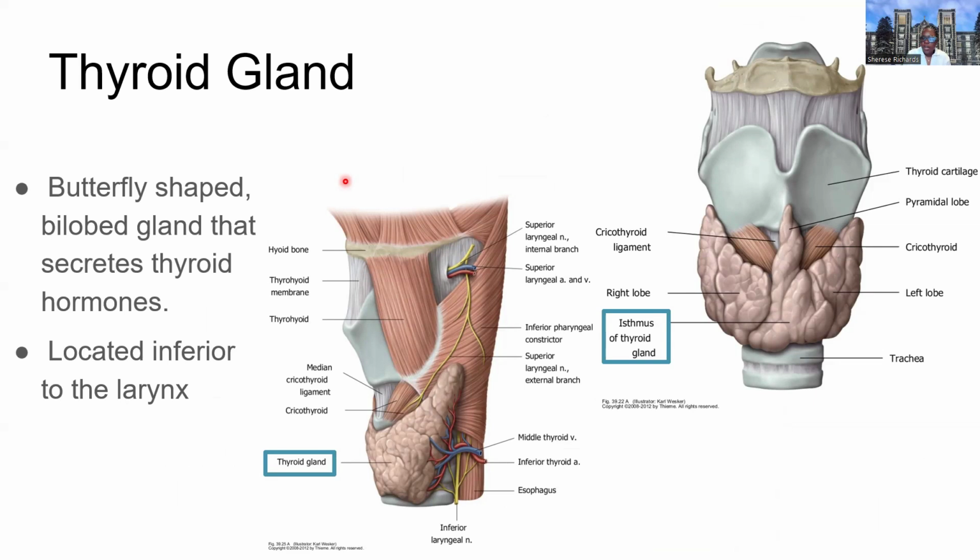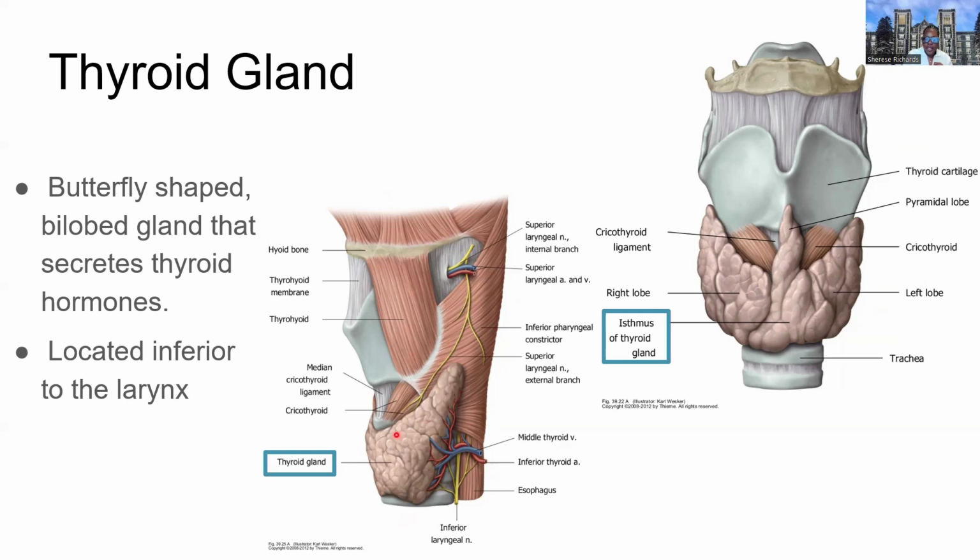Okay, let's move on to another important structure in the neck region. This is the thyroid gland. We've talked about the thyroid gland in AMP1 when you look at its function in the endocrine system. It's very important in terms of thyroid hormone production and our overall metabolic function. Now, the thyroid gland is a butterfly-shaped gland.